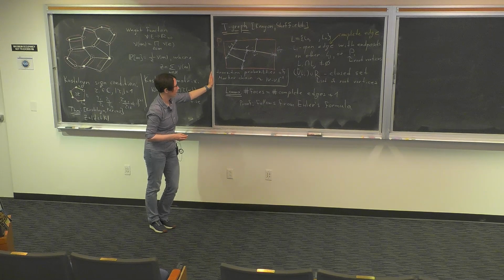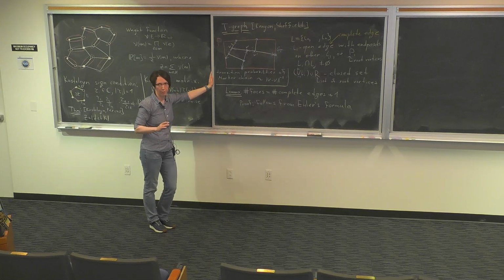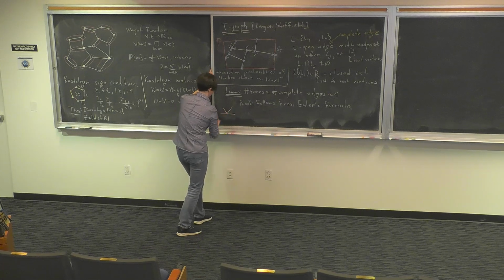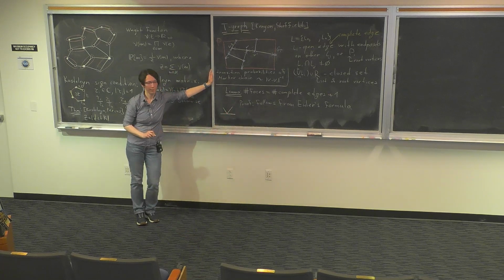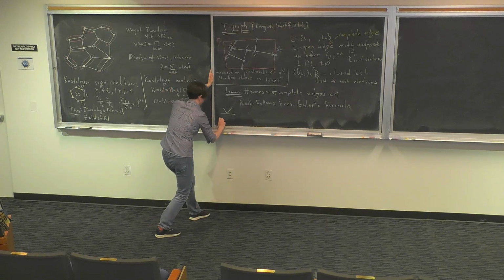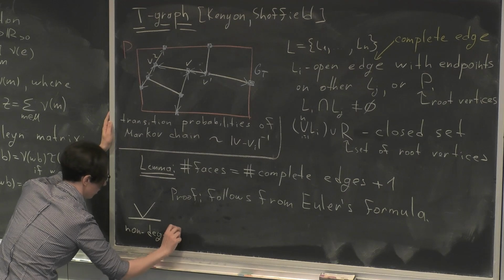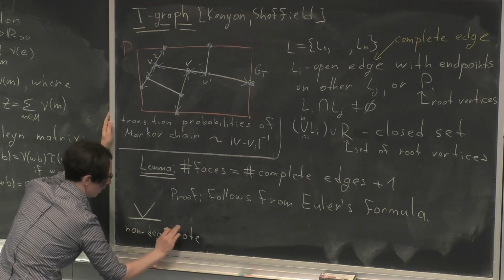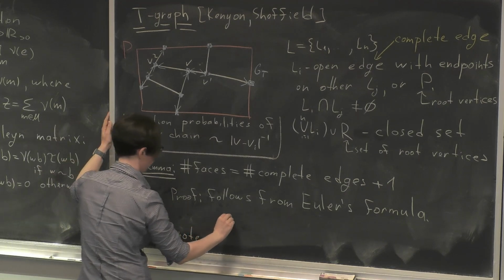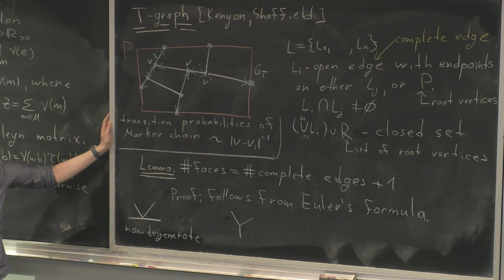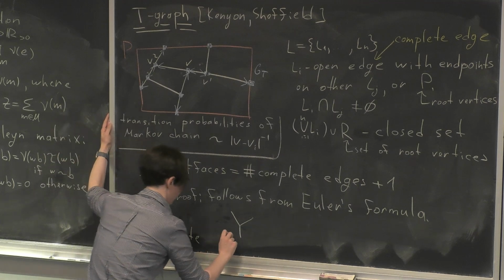So let me make a comment. Today we're going to deal only with the non-degenerate setup. As soon as you have vertices which look like this in the T graph, then this is a non-degenerate setup. However, in general, you might have something which looks like this. This is degenerate.